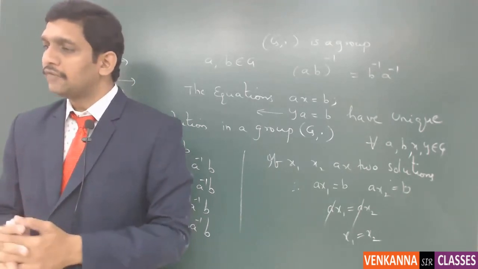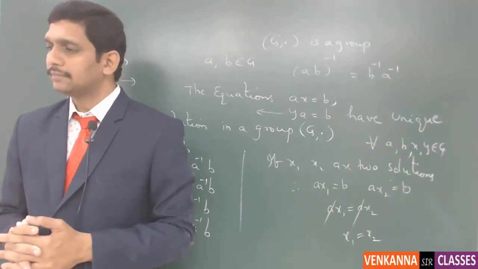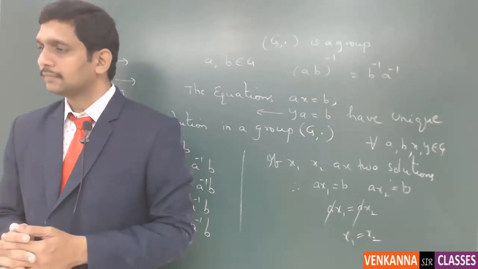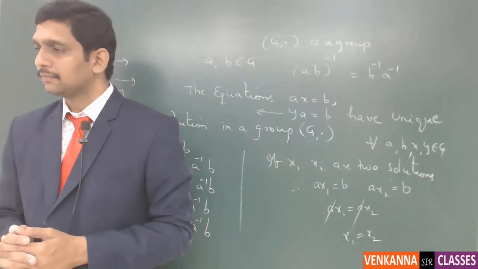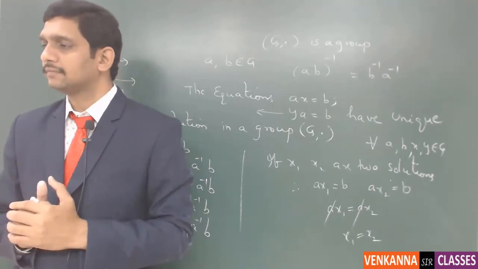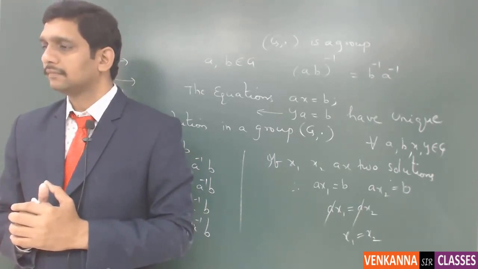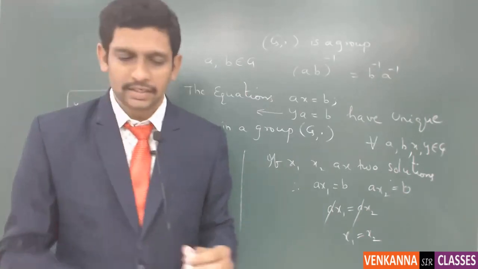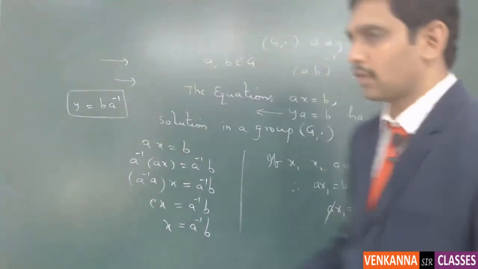Did you get any confusion while solving that problem? Any one of you? How to draw the composition table with the operation given? All right, I think you feel comfortable in solving that problem.